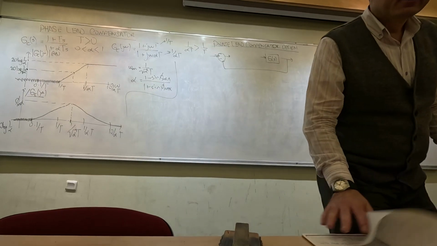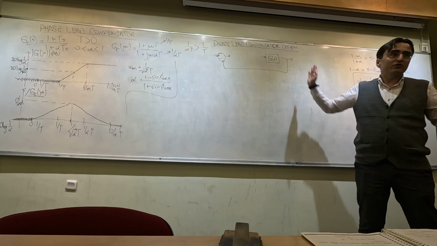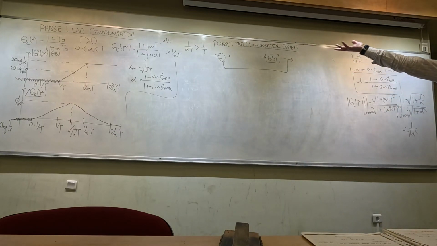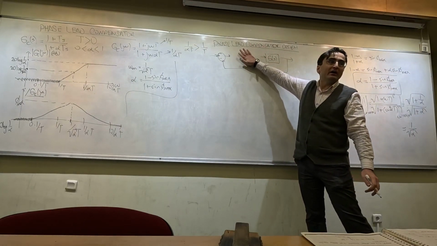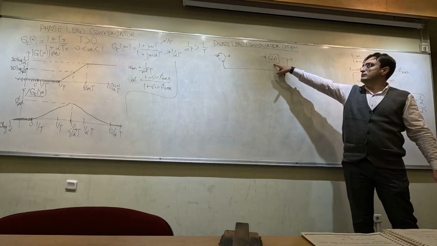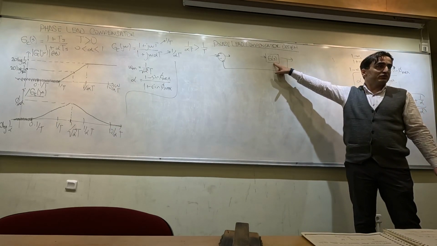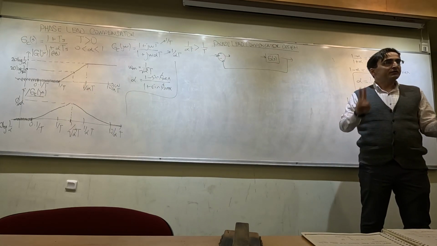The system does not have to be a unity feedback system. You can also have an H here. It doesn't matter. Instead of G, you can use GH in such a case. Okay? So this is the control system, and here we're going to add our compensator. Okay? So we will either know the transfer function G of S, or we will know the Bode plot of G of S. Okay? There are two things.